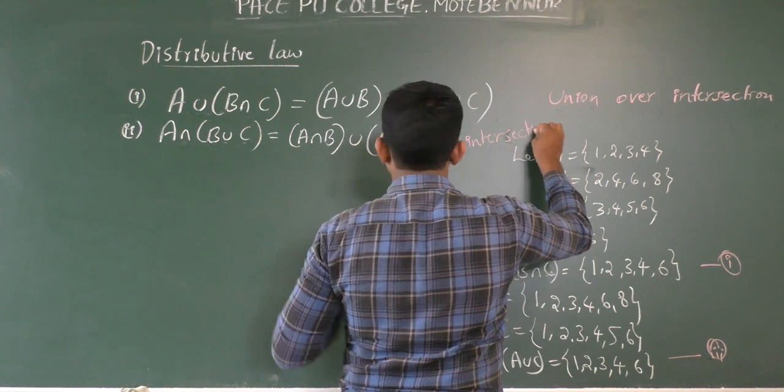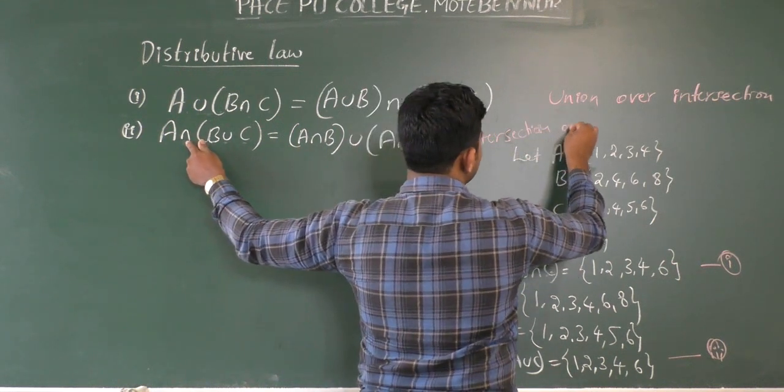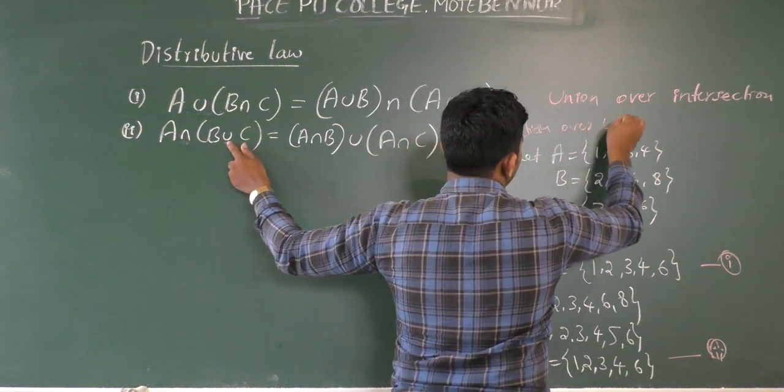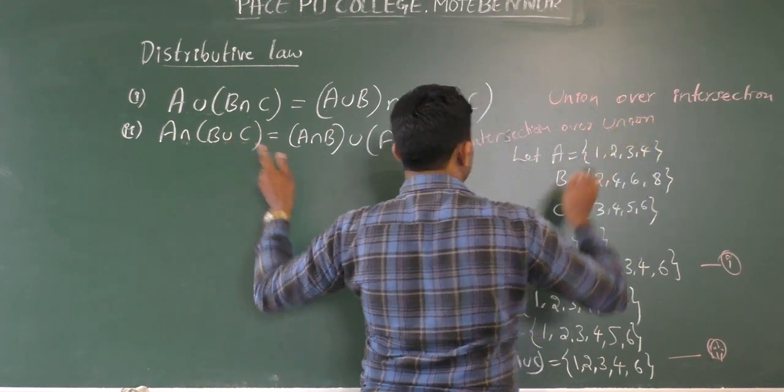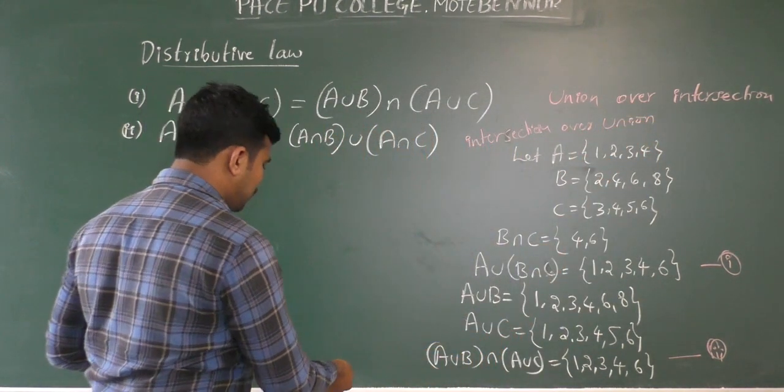So here the first operation you have is intersection, so intersection over union. Now again check it. By the same example you can check.